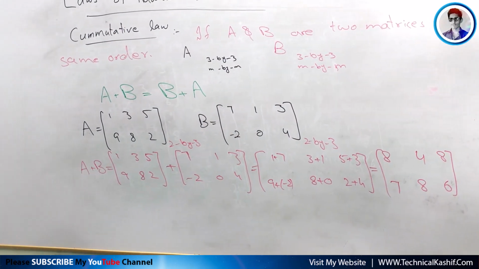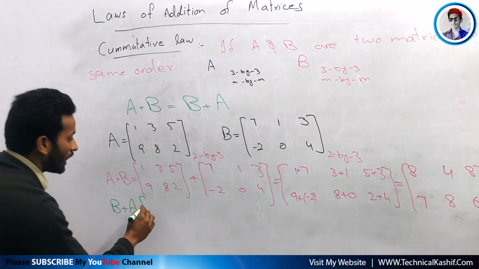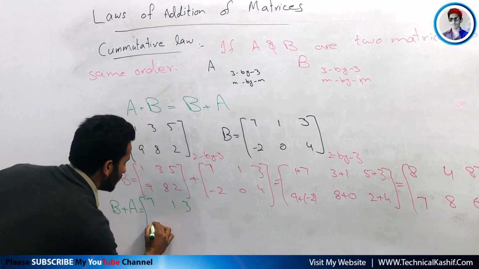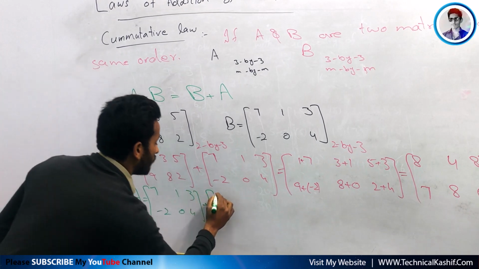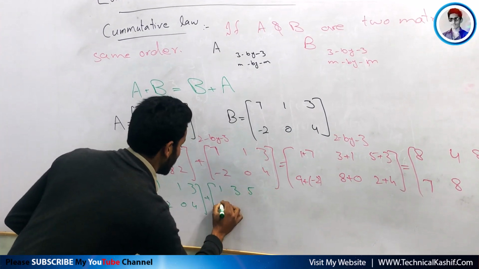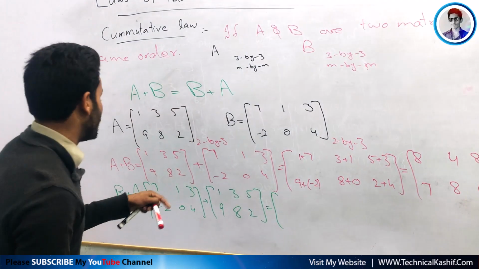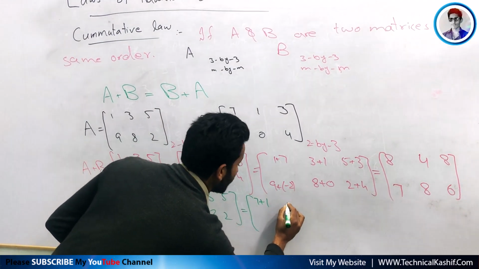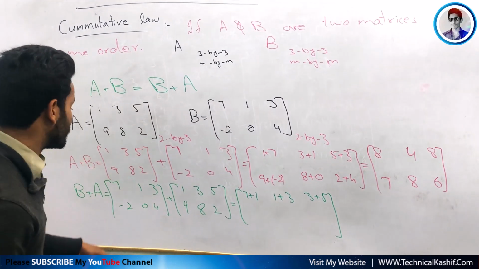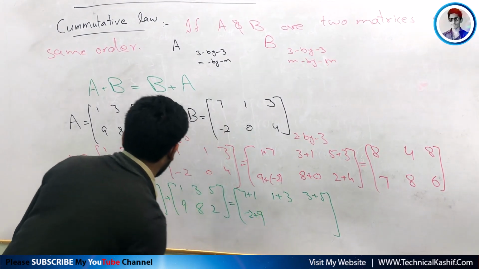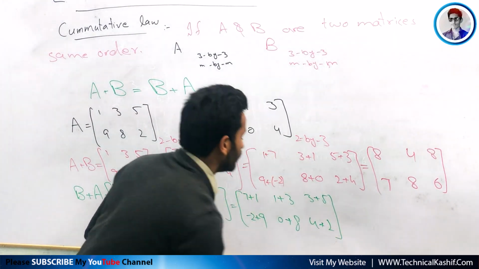Now we have to find B plus A. For B plus A, first we write B, [7, 1, 3; -2, 0, 4], plus [1, 3, 5; 9, 8, 2]. By adding them, 7 plus 1, 1 plus 3, 3 plus 5, and in the second row minus 2 plus 9, 0 plus 8, and 4 plus 2.